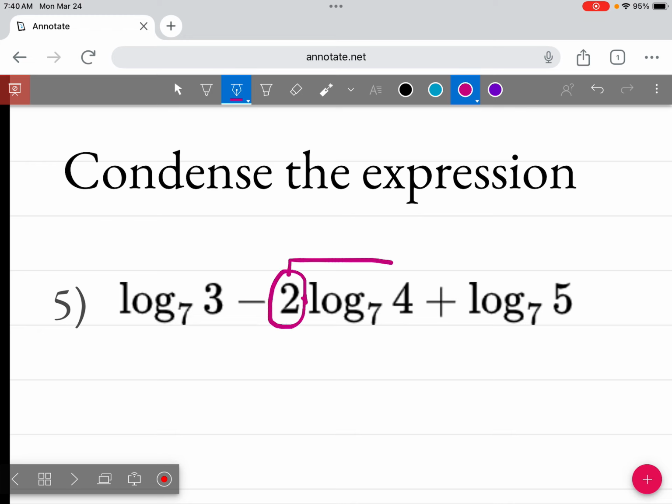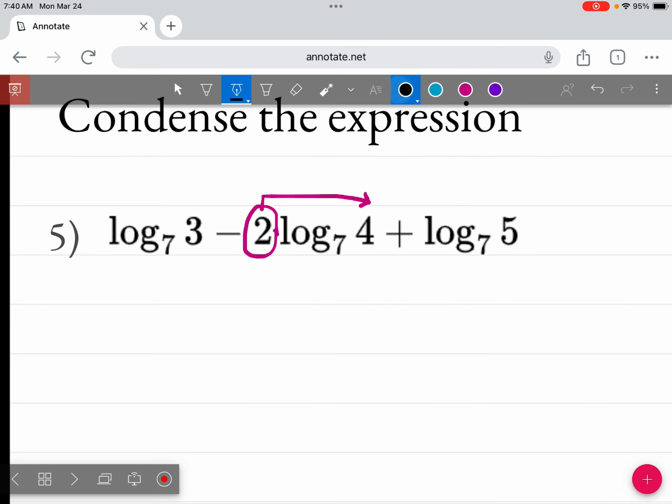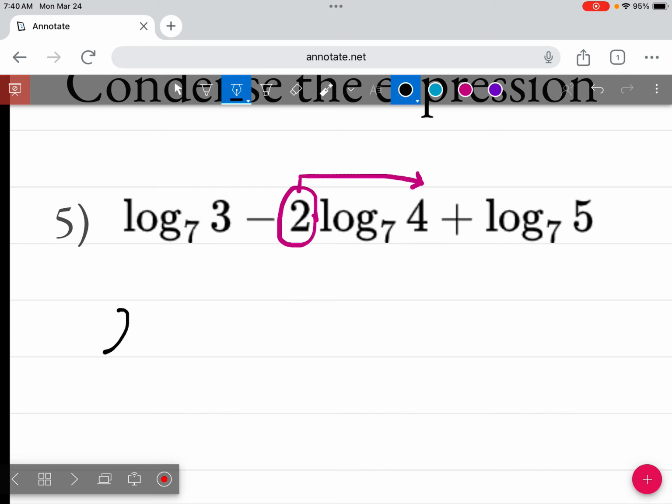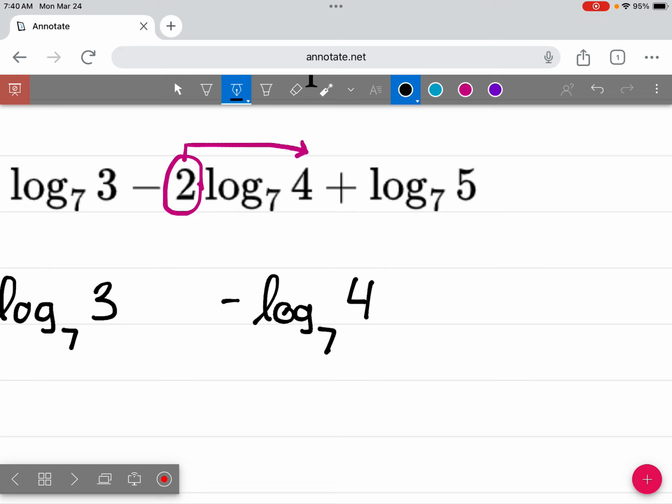Our coefficient needs to go up and become a power. So I'm going to start by rewriting this as log base 7 of 3 minus log base 7 of 4 and log base 7 of 5.